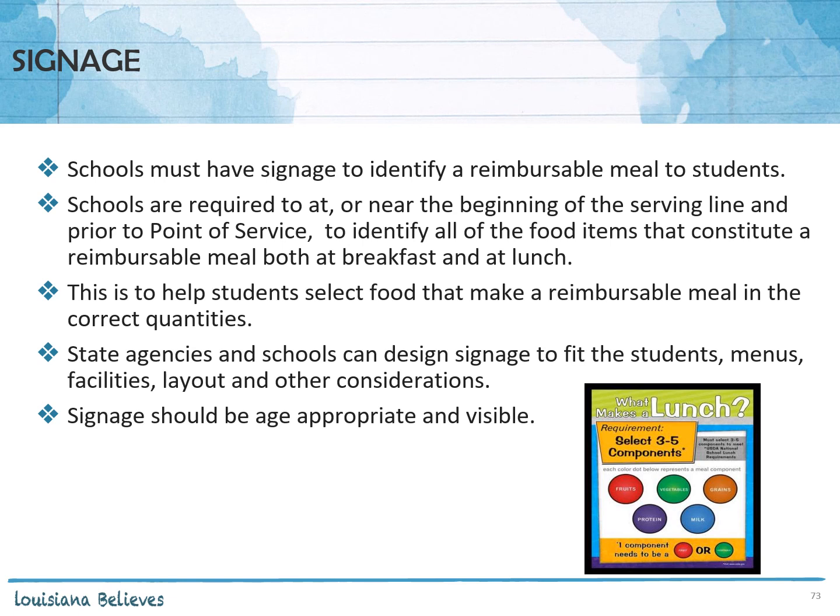This is to help our students select foods that make a reimbursable meal in the correct quantities. State agencies and schools can design signage to fit the students, menus, facilities, and layout. Signage should also be age appropriate and visible and should include at least the short version of the non-discrimination statement.